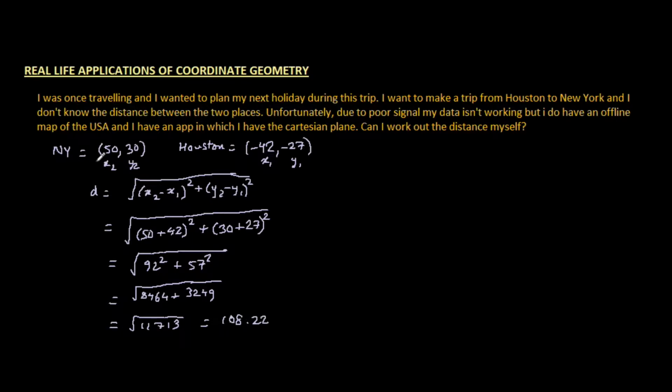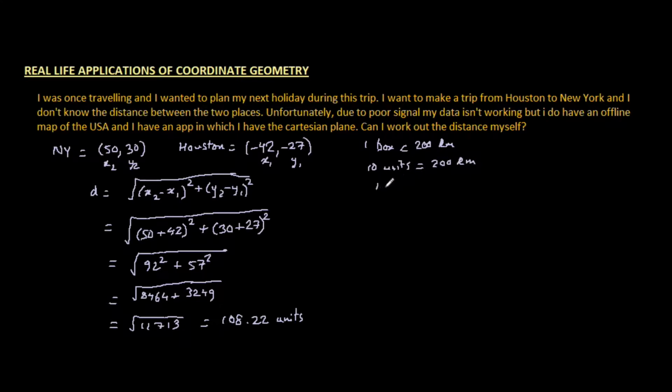Now the distance between New York and Houston works out to 108.22 units. And the scale that we saw was one box was equal to 200 kilometers. One box was equal to 10 units there. So 10 units is equal to 200 kilometers.